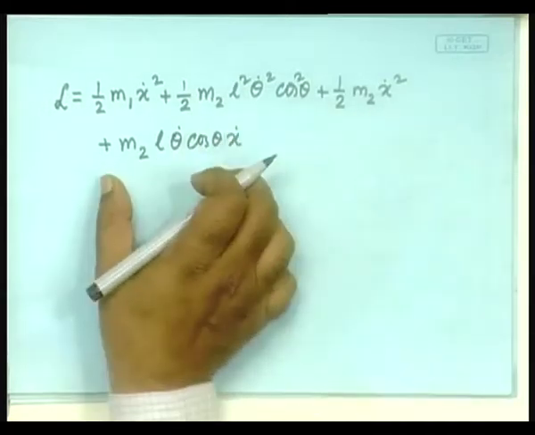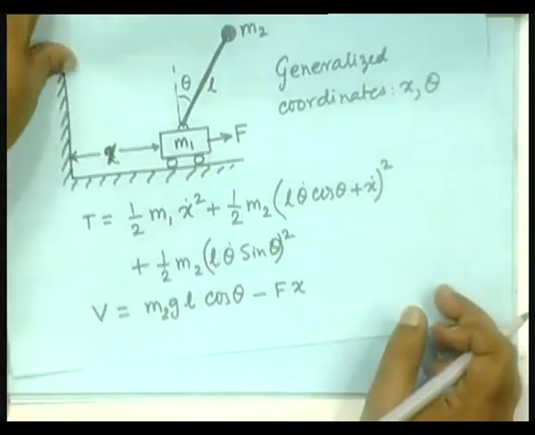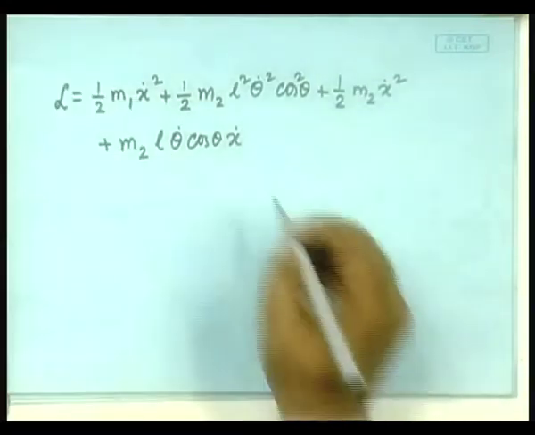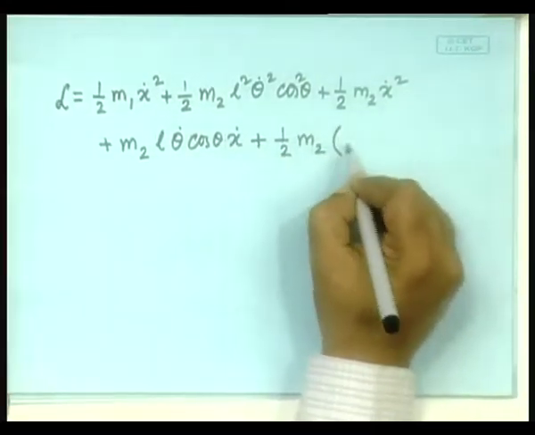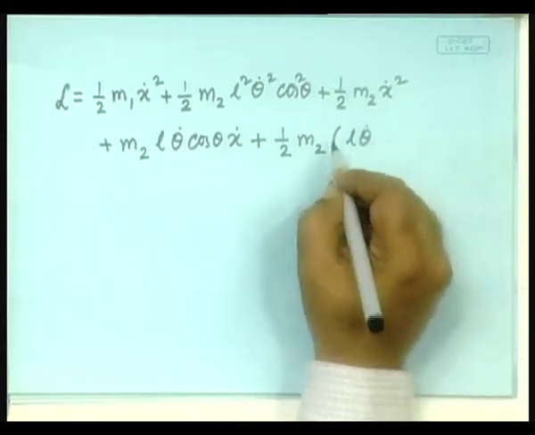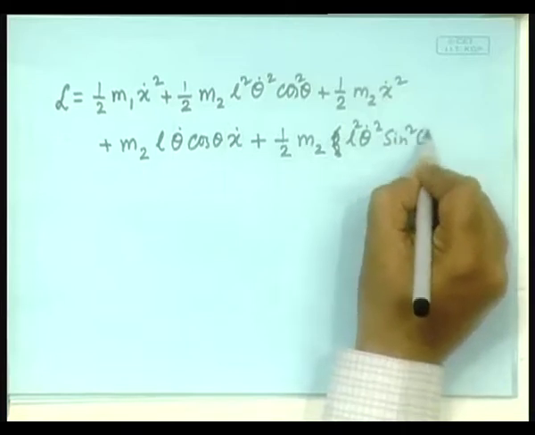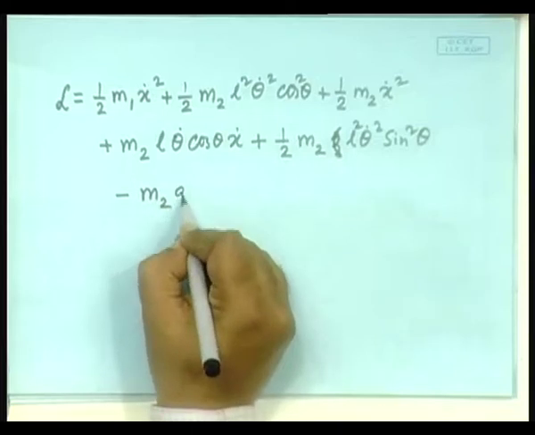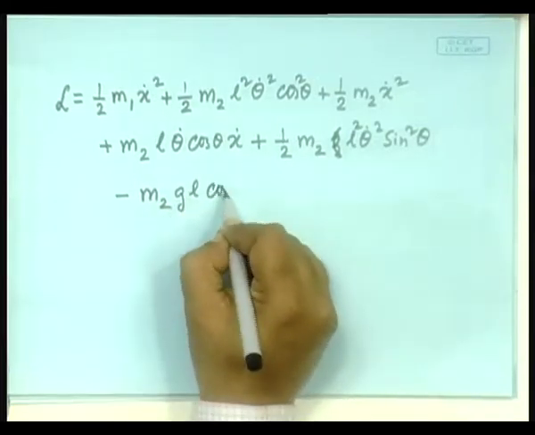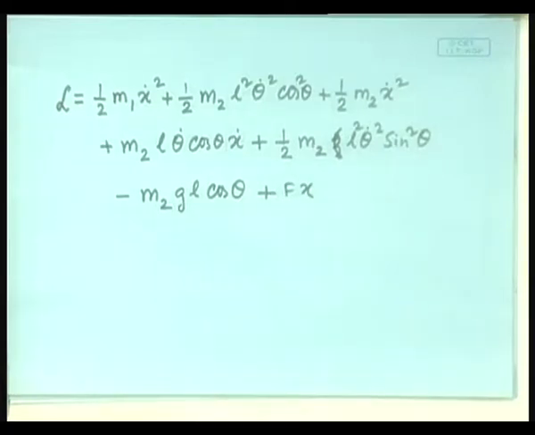I have broken it up, just check if I have written correctly. I have just expanded the square, plus half m2 L square theta dot square sin square theta, minus m2 g L cos theta plus F x. That is the total Lagrangian.